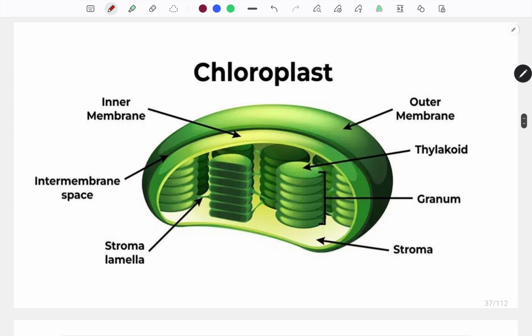So this is how a chloroplast looks, and as I told before, it is a double membrane bound organelle.